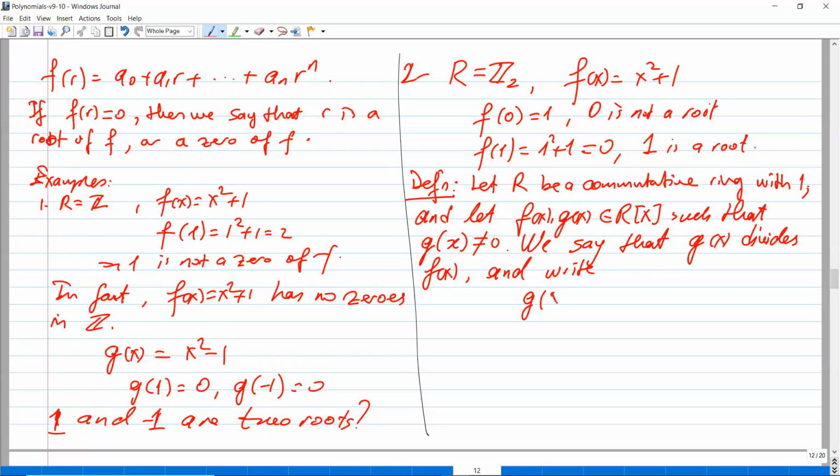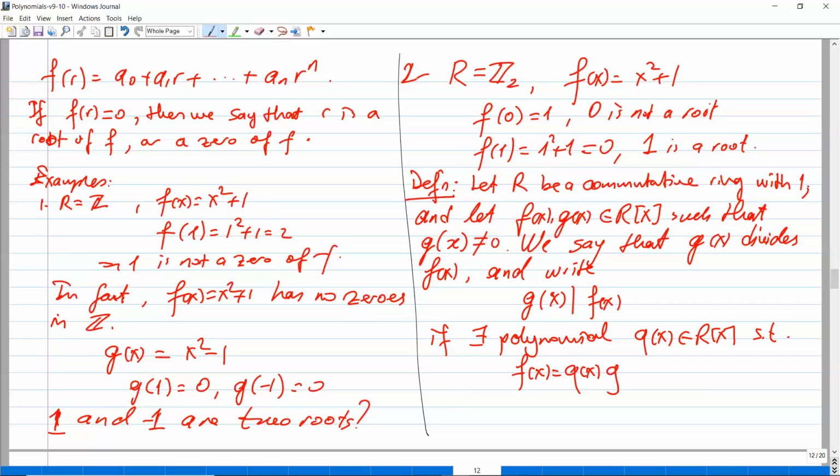g of x divides f of x if there exists a polynomial q of x in R[x] such that f of x can be written as q of x times g of x.